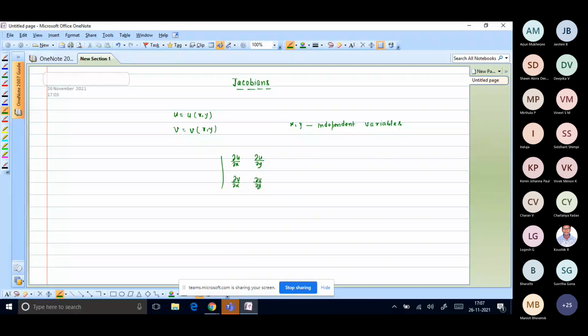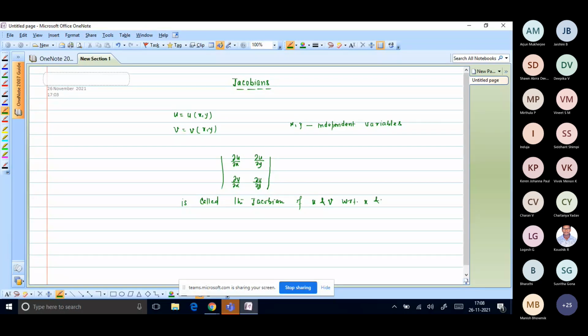So this determinant is called the Jacobian of u and v with respect to x and y.